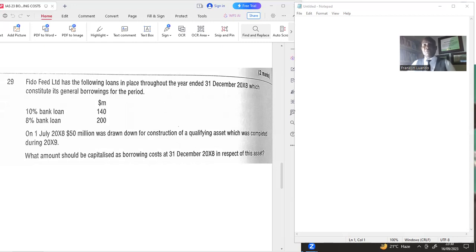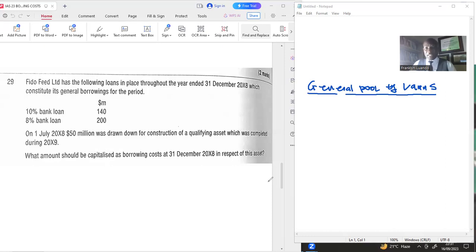Now I also want to explain where we have the general pool of loans. Where there is a general pool of loans, these loans have different interest rates, and these should be used for various purchases or construction of qualifying assets.